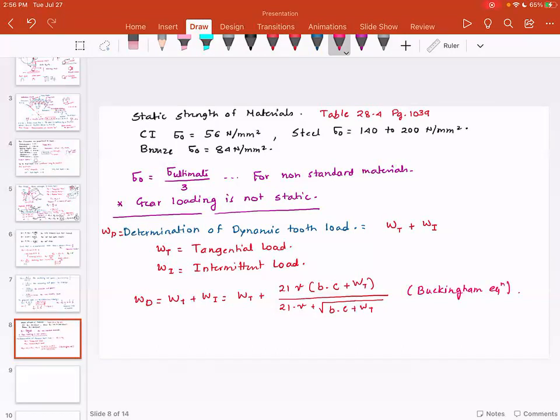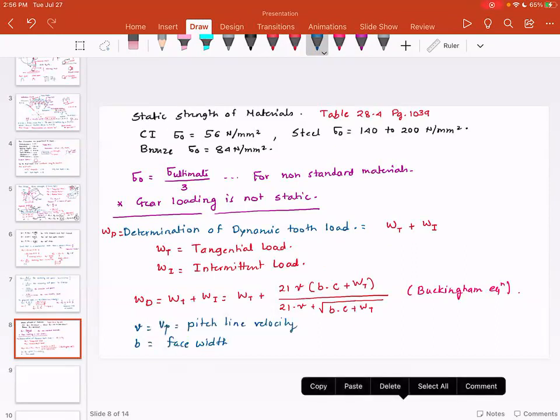This Buckingham equation is used to find the total dynamic load, and the different terms in this equation are: V, the velocity of the pitch point or the pitch line velocity; then B, which is the face width; then C, which is called the deformation factor.